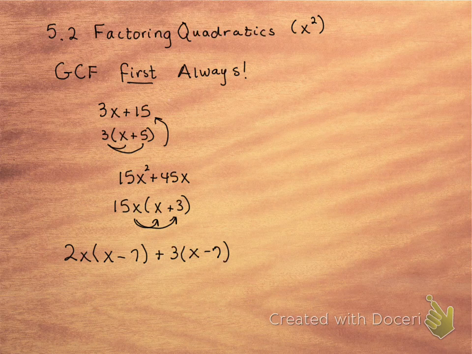So the GCF here is not just a single number like up at the top. It was just a 3 that we factored out. In the second example, we factored out 15 times x.